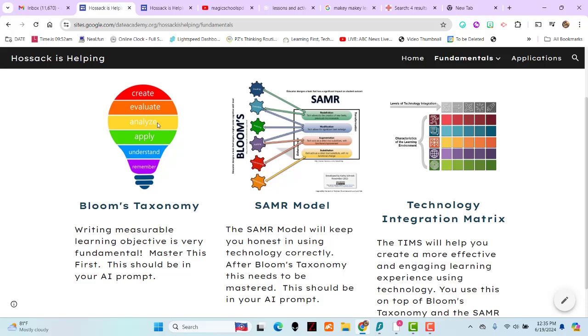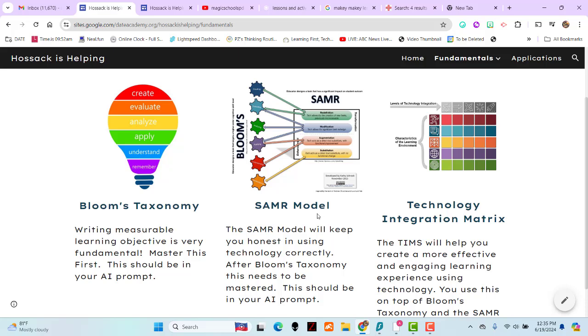Once we have a really great lesson, we can take a look at the lesson, and we want to apply a framework. One of the more popular frameworks is called the SAMR model. This will let you know exactly where and how you are implementing technology in your lessons, and at what level.